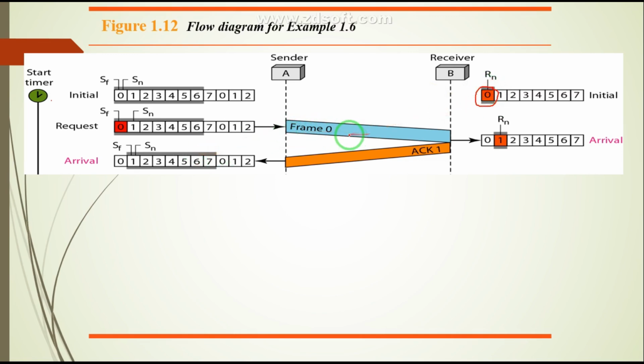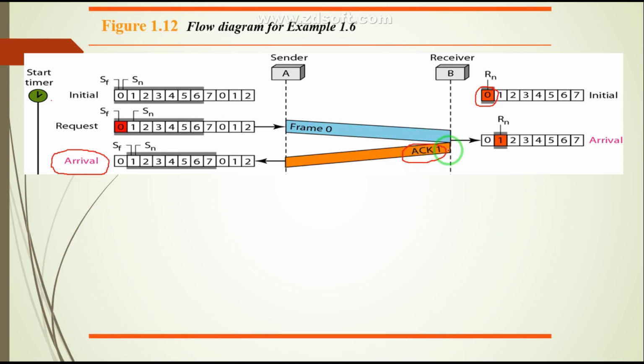Frame 0 has been sent, and acknowledgement 1 has been given by the receiver to the sender. So as acknowledgement 1 arrives, the receiver is telling the sender, now I expect frame number 1, I received frame 0. So this is the meaning of acknowledgement 1.